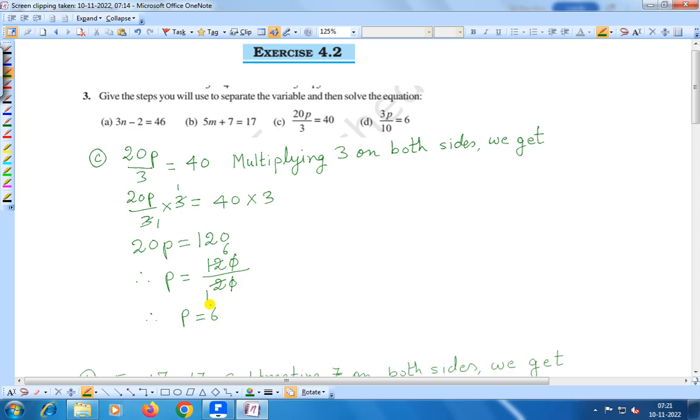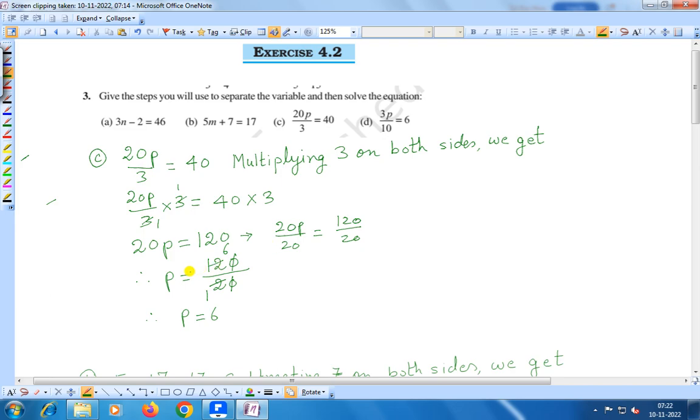Now, question number D. Here, in this step, what we have done is dividing both sides by 20. That means 20p divided by 20 is equal to 120 by 20.